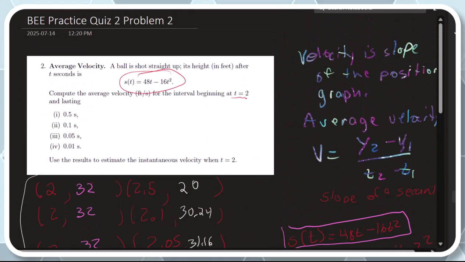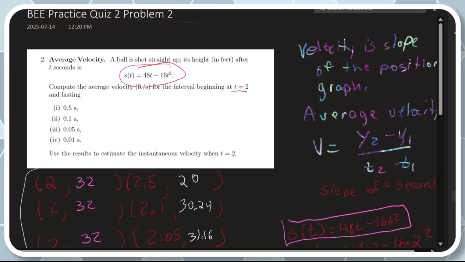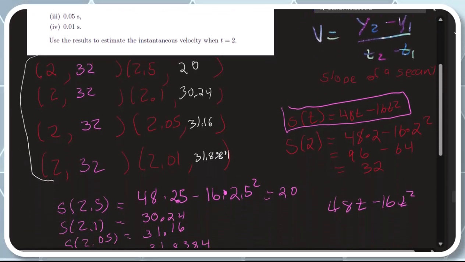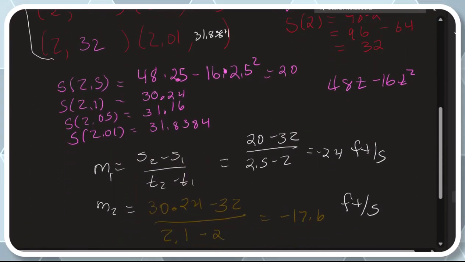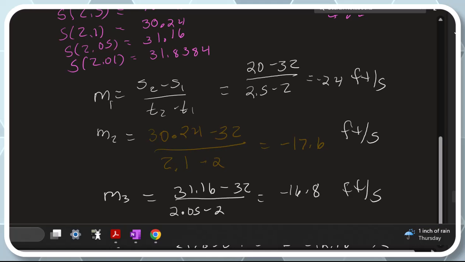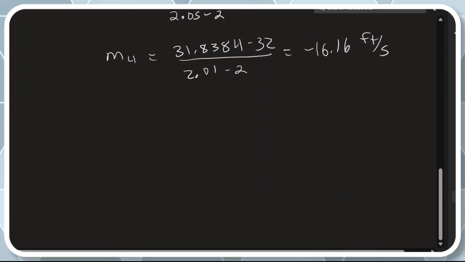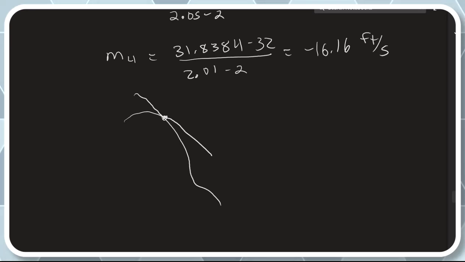And the question said, compute the average velocity, so we computed the average velocity. It says use the results to estimate the instantaneous velocity. If we have this curve right here, and we're looking for the instantaneous velocity right there, the instantaneous velocity is the tangent line.